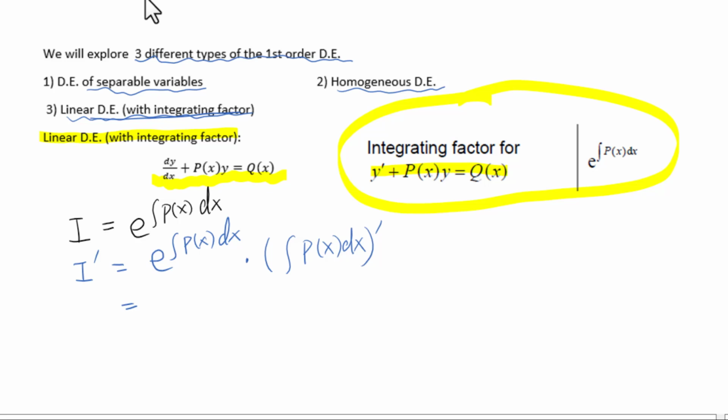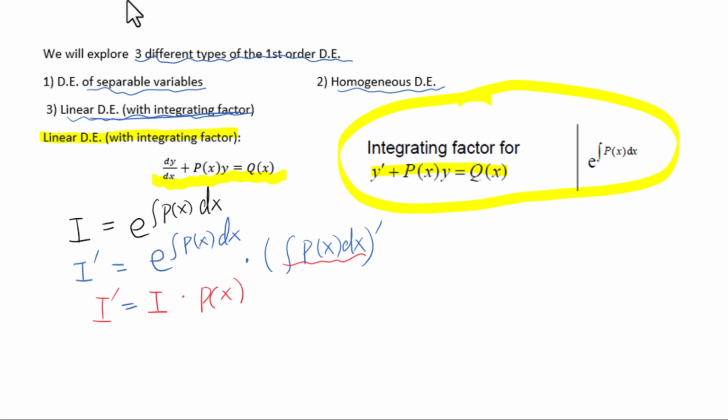E to the integral p of x dx power is I, times, we take the derivative of the integral, we will get p of x. So I prime equals I times p of x.